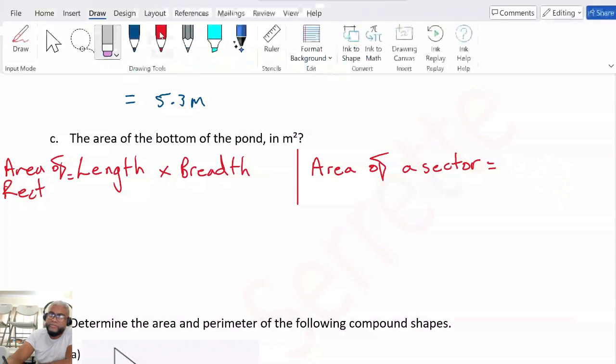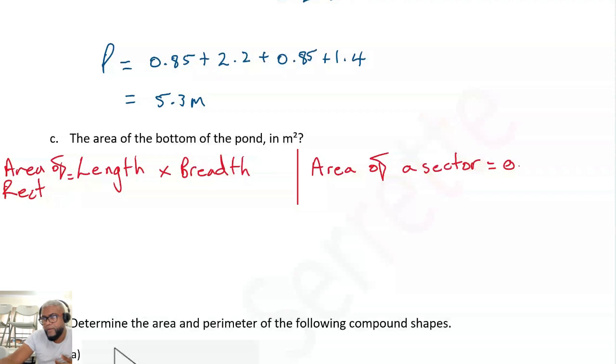Area of a sector, bro. Oh, sector. Okay. 90 over 360. That was that question, bro. I want the formula. JL Singh, what's the formula for area of a sector? Theta over 360 by pi r squared.